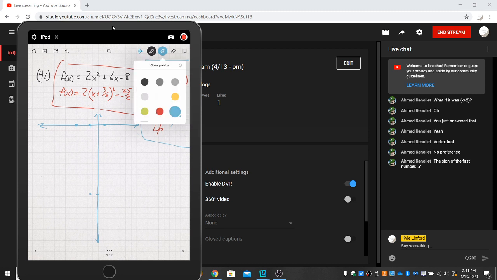One of the things I'd like you to notice is that the axis of symmetry here is equidistant from each of the x-intercepts. The distance from each of these x-intercepts to the axis of symmetry is the same.